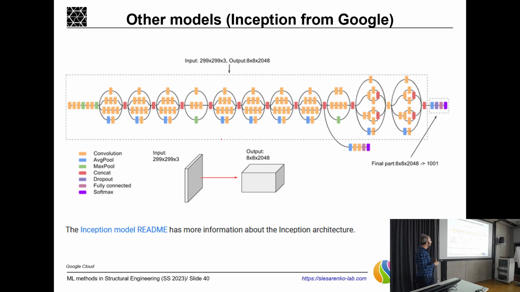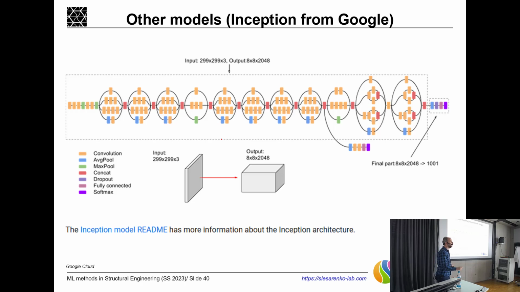Do you see anything unusual in this particular architecture in comparison with what we discussed previously and with AlexNet and LeNet? Do we see one thing that is quite unusual? Okay, this one is a little bit unusual, but it's more or less for debugging, so it's not so important.